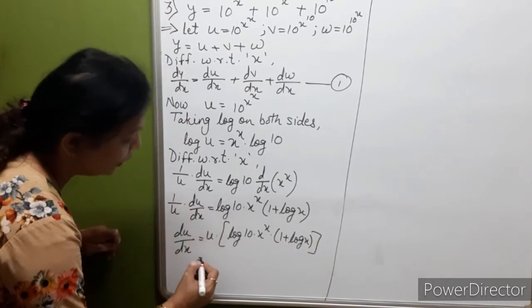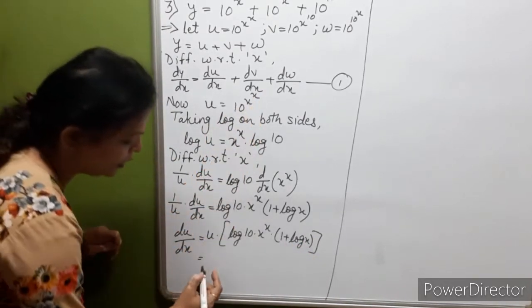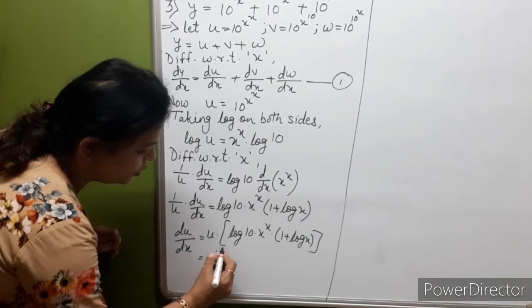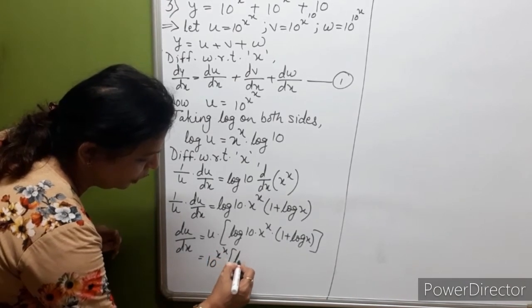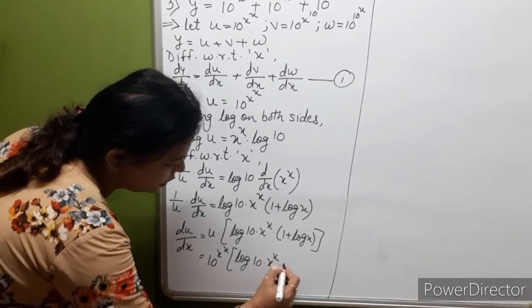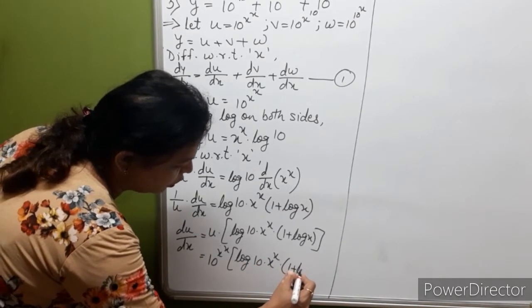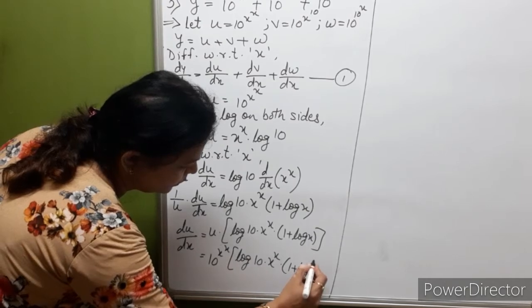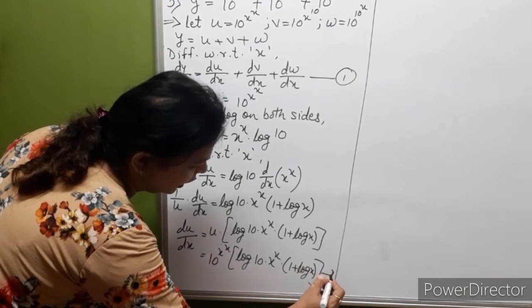Now substitute the value of u. U is 10 raised to x raised to x. 10 raised to x raised to x into log 10 into x raised to x into 1 plus log x. This is your second equation.